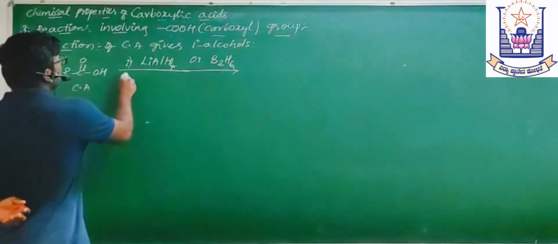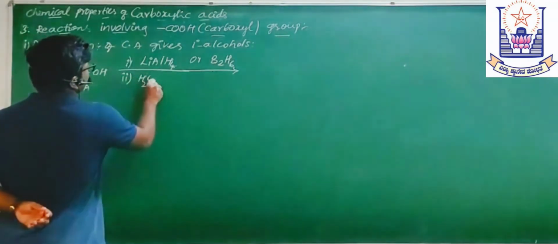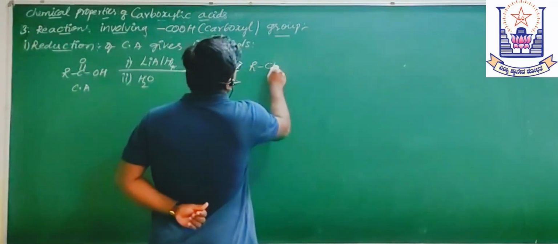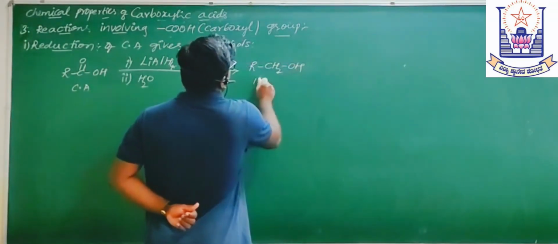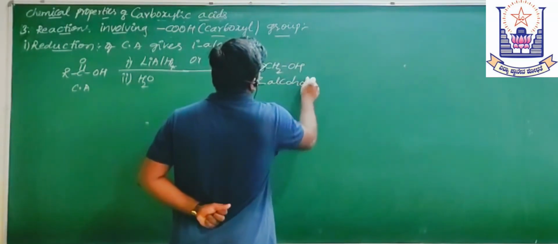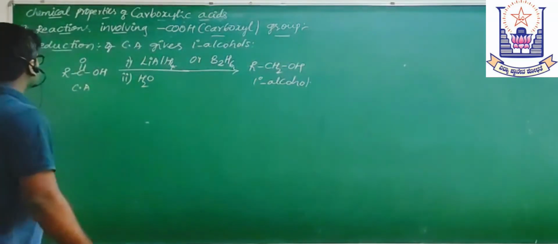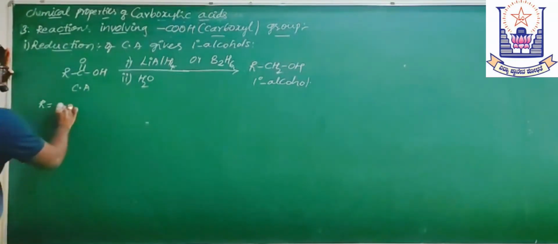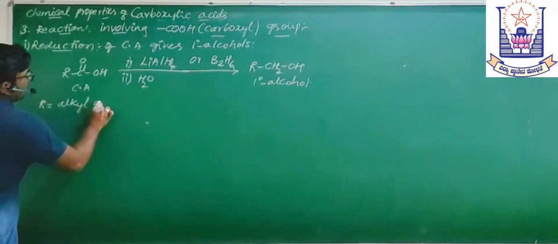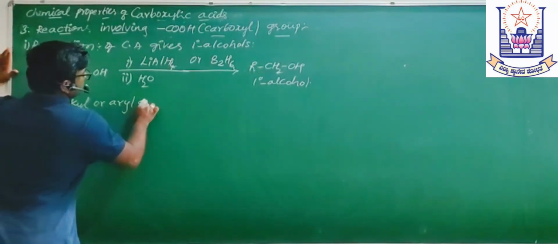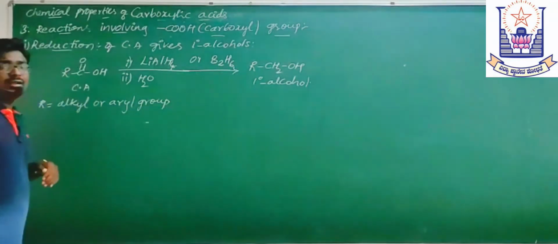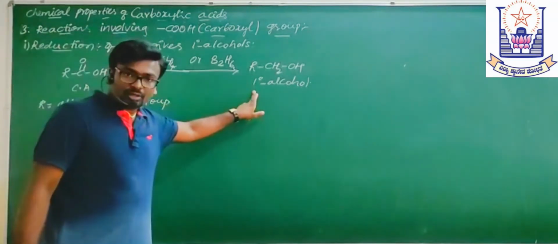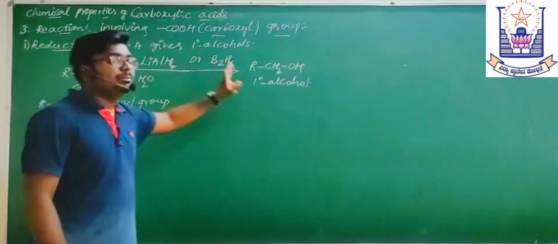Followed by hydrolysis, it will give the primary alcohol. Similarly, here you can take R as an alkyl or aryl group. You can convert ethanoic acid to ethanol, benzoic acid to benzyl alcohol.